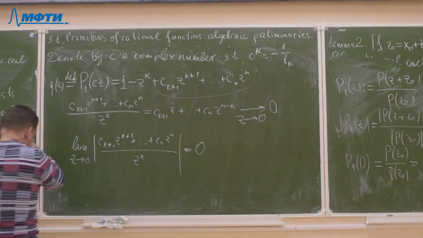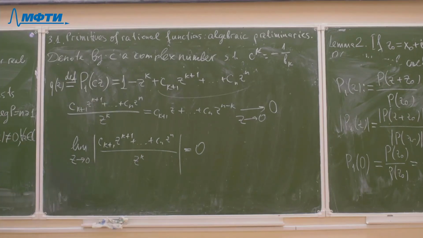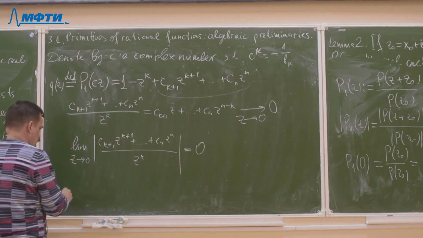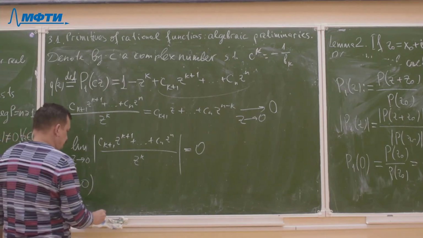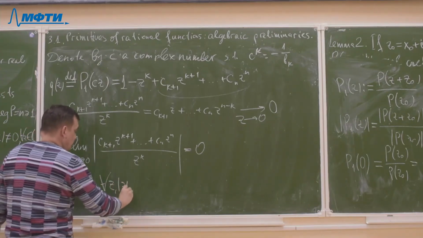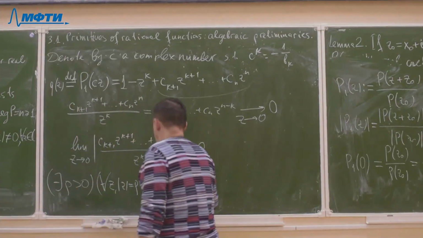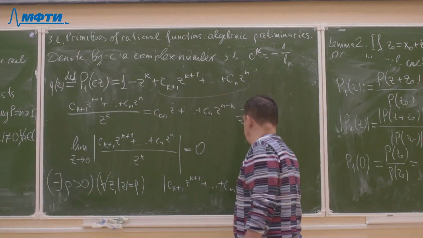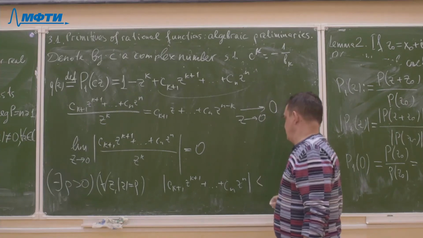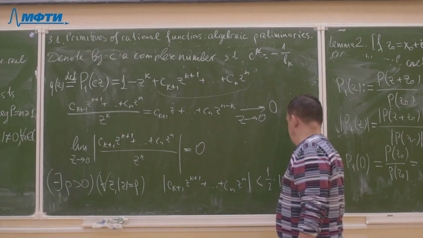And it means that for sufficiently small z, there exists rho positive such that for all z with modulus of z equal to rho, we have the modulus of c_{k+1} z^{k+1} plus so on plus c_n z to the power n less than 1/2 times the modulus of z to the power k.